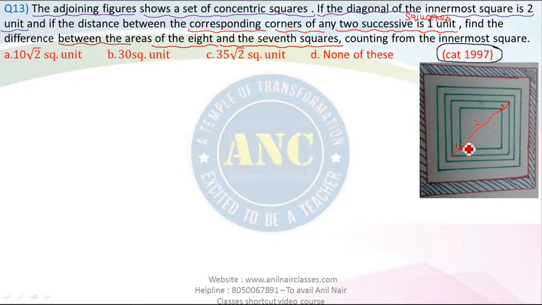The first square has a diagonal of 2 units. For the second square, the total diagonal is, here it is 2, here it is 1, here also it is 1. So it is 1 plus 2, 3, 3 plus 1, 4. So for the second square it is 4 units.